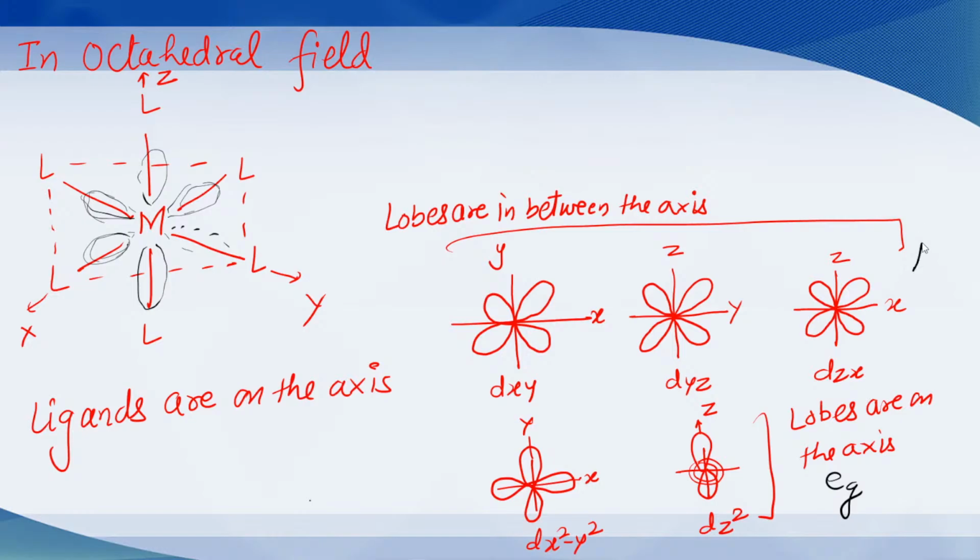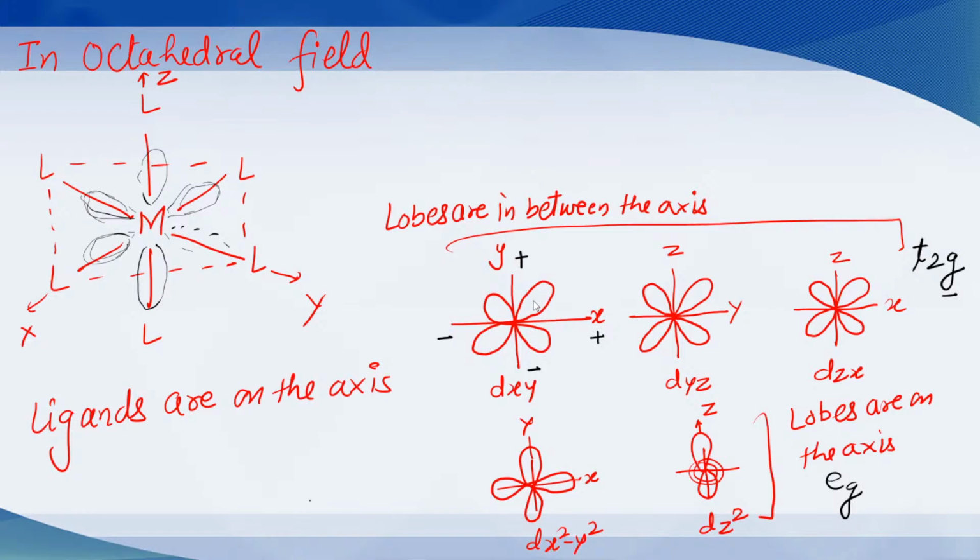And these three are called T2g in octahedral field. This g stands for gerade. What is gerade? Say dxy means x into y. This is the plus direction of x, this is the minus direction of x, this is the plus direction of y, this is the minus direction of y.